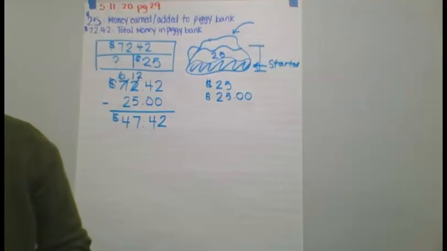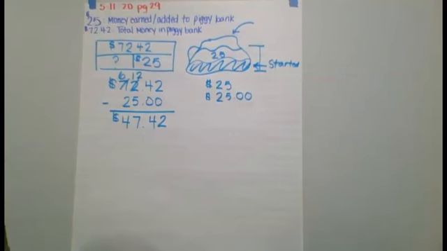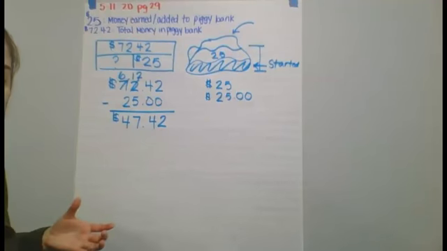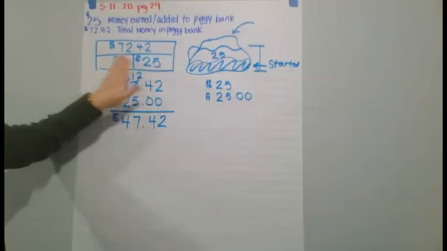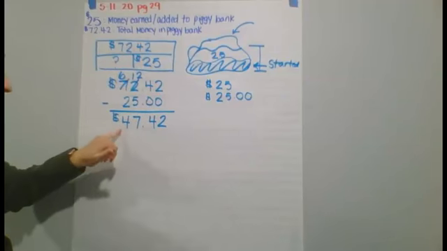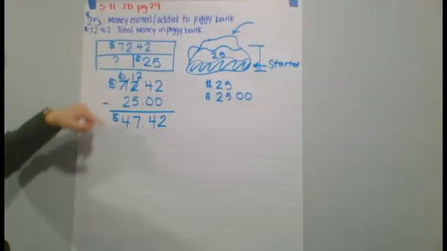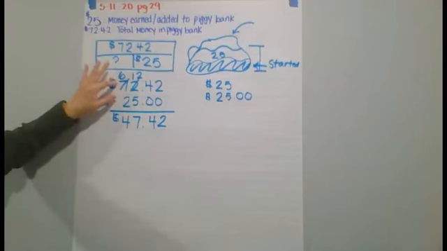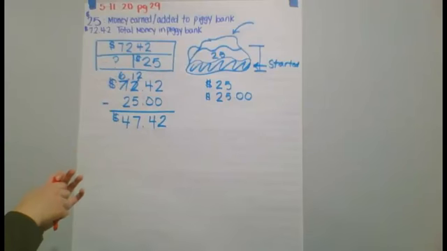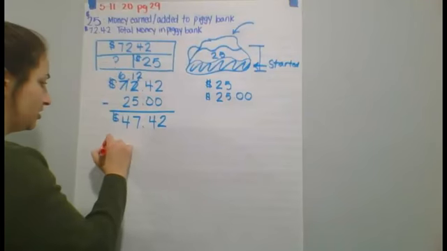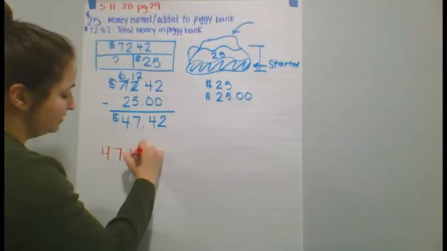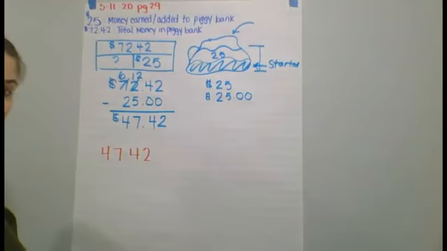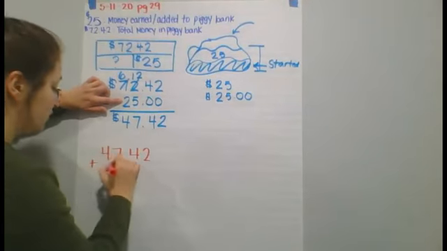But in order to double check that we're accurate, we want to check our work by doing the opposite operation. So we take these two quantities, now that we know the other part is $47.42, and add them to see if we get our whole. So this is us checking our work. $47.42 added with our $25.